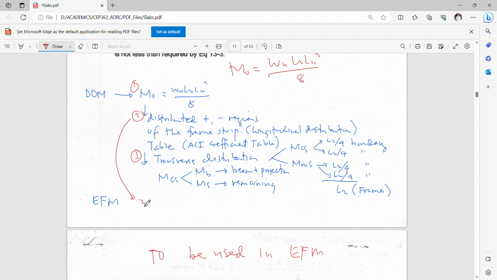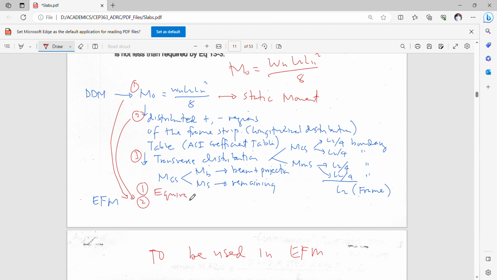In the direct design, we simply make use of your static moment MO as the basis for your distribution, while here we are going to make an equivalent frame to analyze.